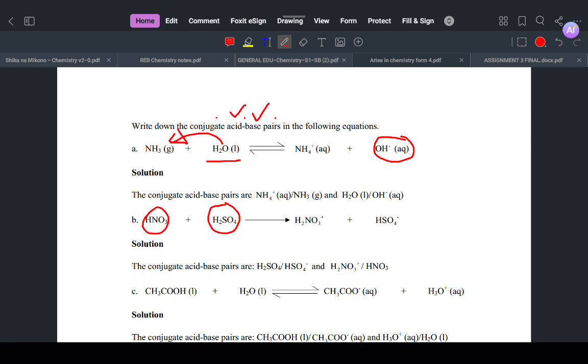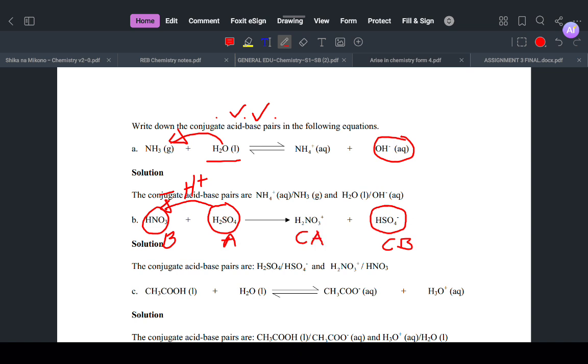In this case, the sulfuric acid will give away its hydrogen to this one, which looks like nitric acid. So when a hydrogen is removed from sulfuric acid, what will be formed is this one here. Therefore, this is an acid. This must be conjugate base. And the species that gains a hydrogen is a base. Therefore, this is our conjugate acid.